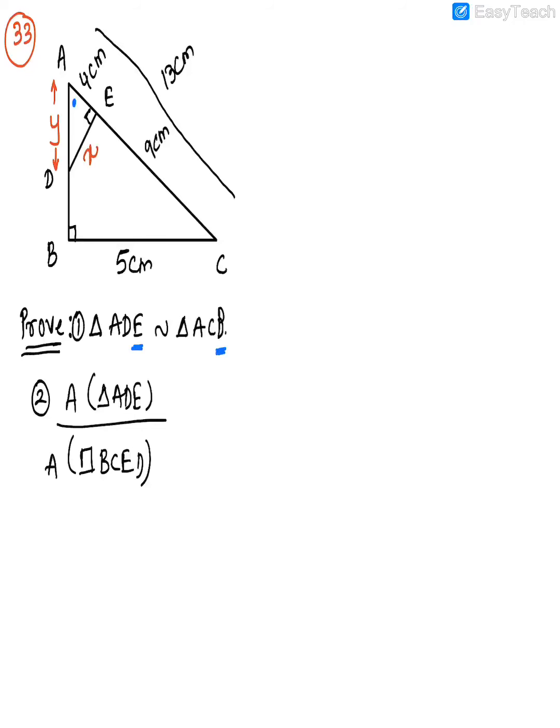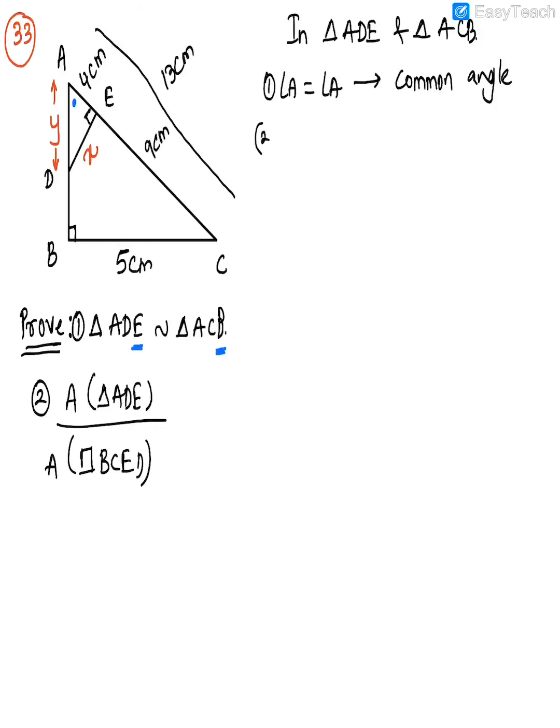Look at the order I'm following: A, E and then D. So go in that order. There I'll write angle A, B and then C is equal to 90 degree. What would be the reason? It's given.